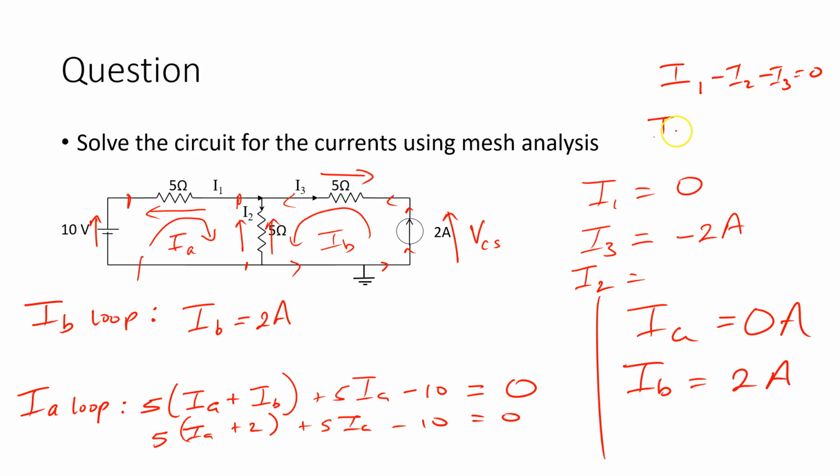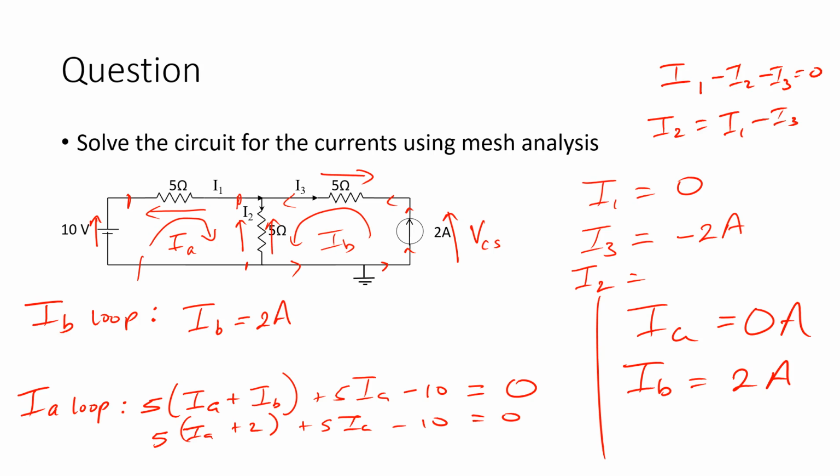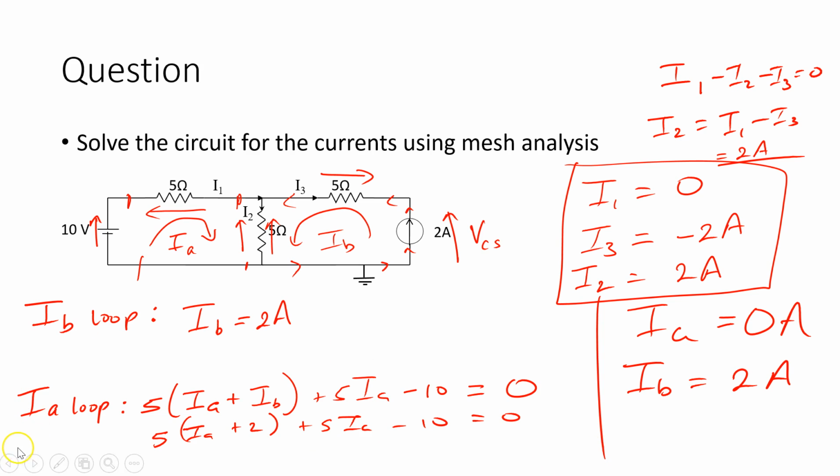So I2 is equal to I1 minus I3, which is 2 amps. So hopefully you would have gotten this as your answer. I1 0, I2 2 amps, and I3 minus 2 amps.